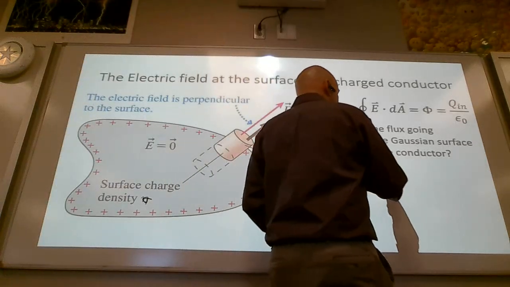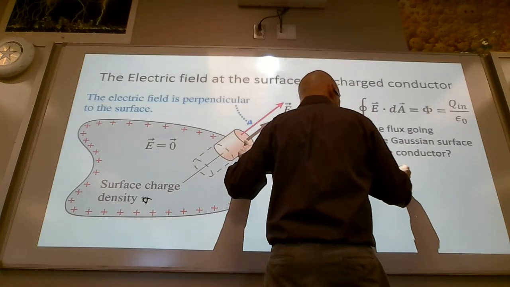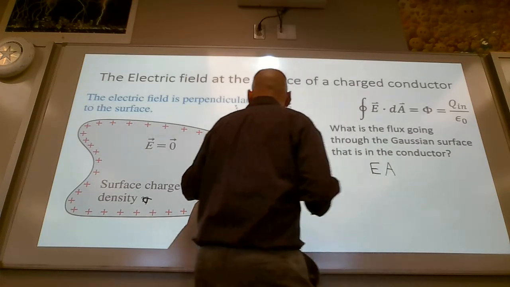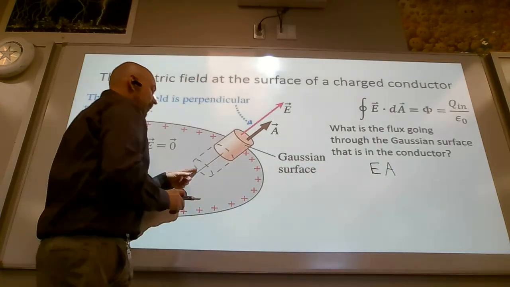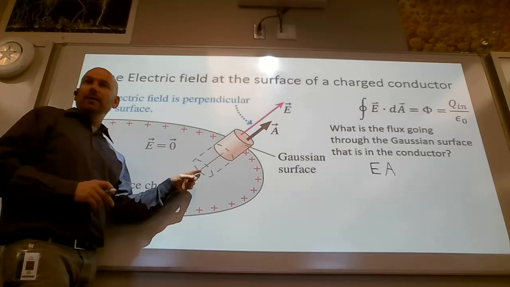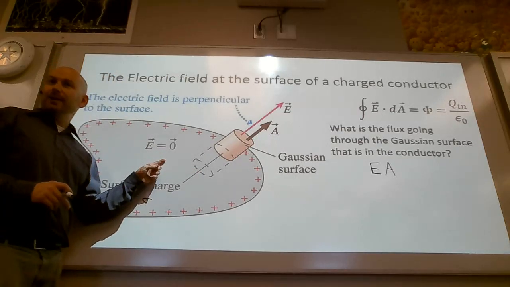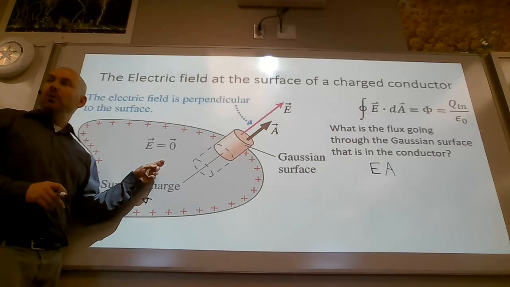So we're looking for electric field. We're going to say we have a flux, an area of A. There's no flux here. There's no electric field on the inside of the conductor. That is the important part.